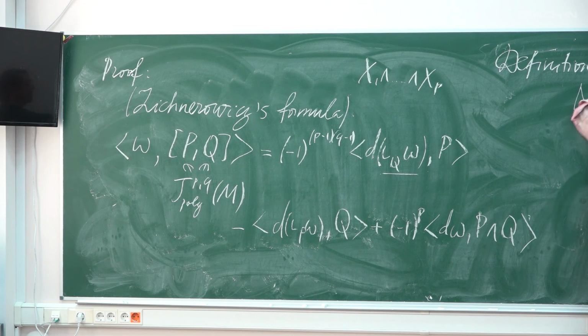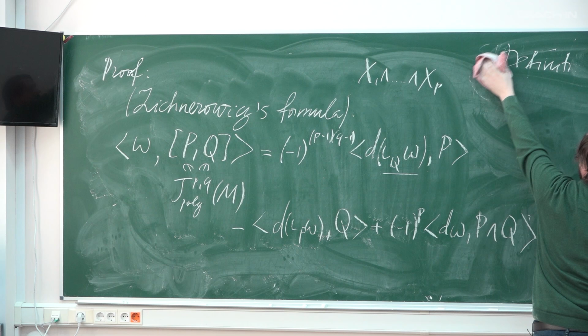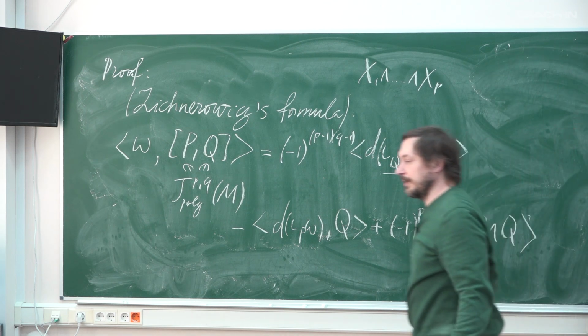Okay, so I'll postpone the proof of this formula to next time probably, or maybe we'll do this today at our exercise session, I don't know, it's up to you. Let me now prove the claim of this theorem modulo this formula.